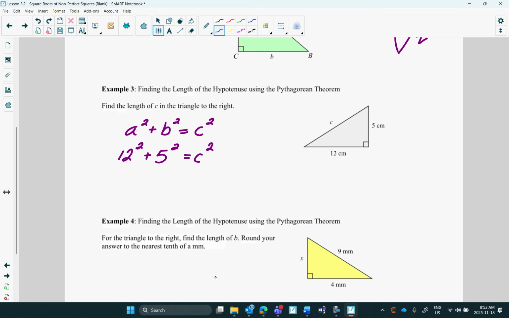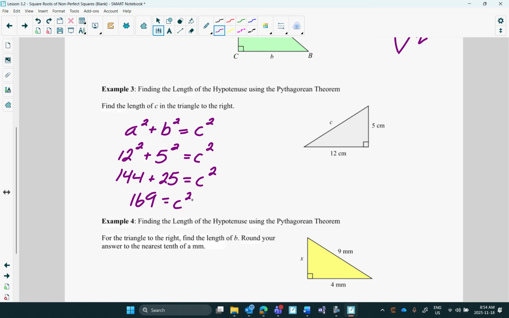144 plus 25. Okay? And then? Is that all we do? Okay, so maybe what we should do is say, okay, this is C squared. So you're right, if I add those together, I don't get C. I get C squared.